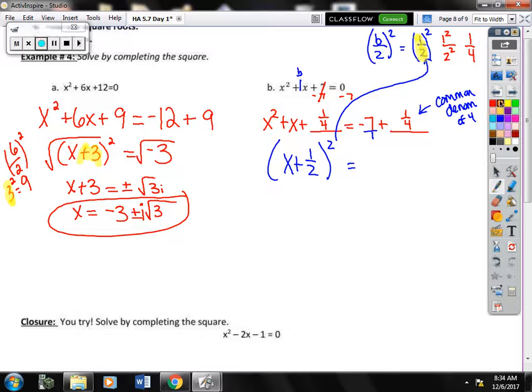So we would then multiply this by 4 and this by 4 to get, and I'll do it off to the side, negative 28/4 plus 1/4. Then we add the numerators. Negative 28 plus 1 would be negative 27. You do not add the denominators, it would stay the same. Negative 27/4.